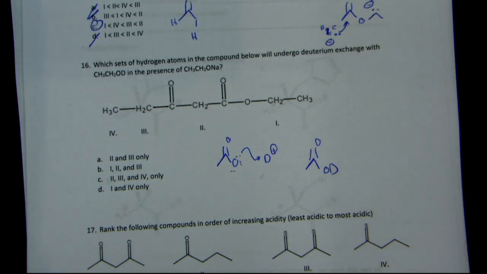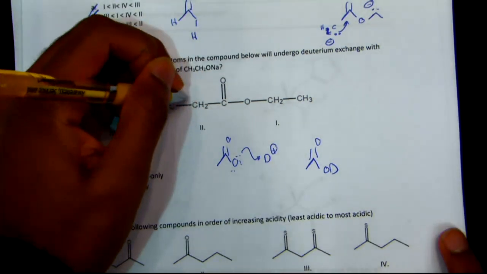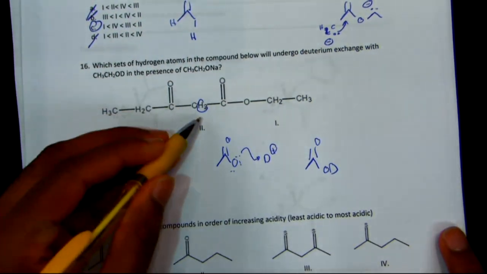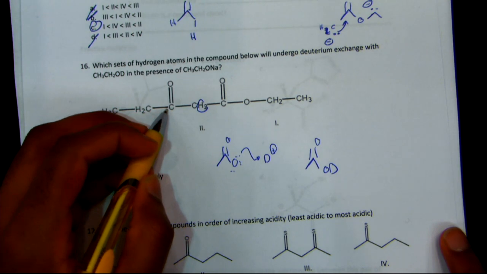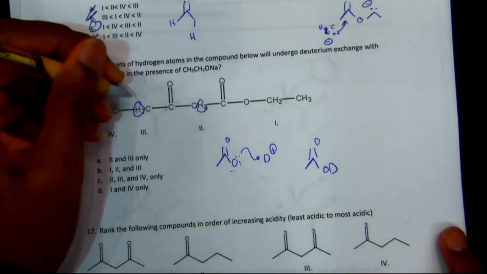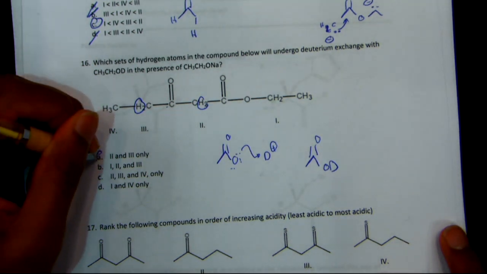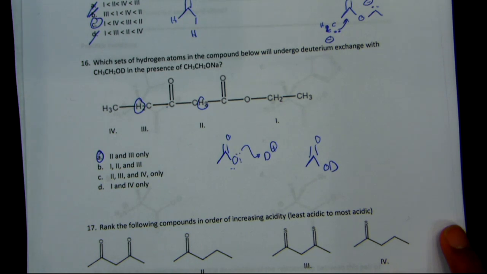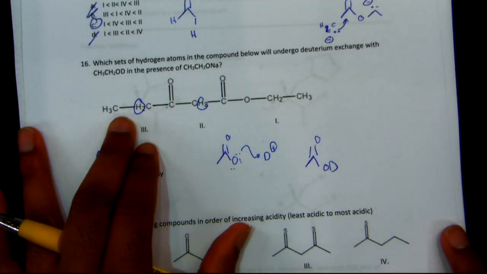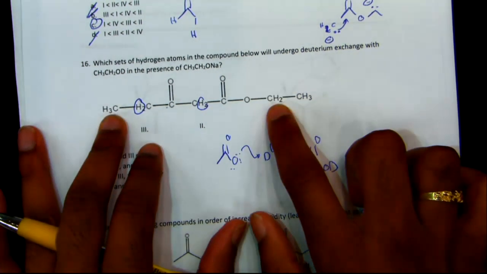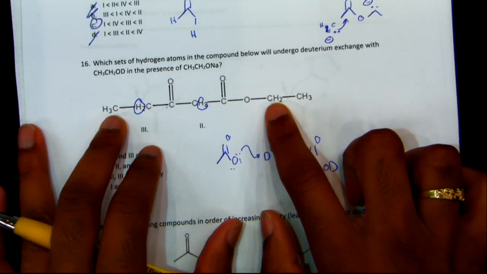Is that cool? Okay, so my most acidic protons are right here, because this can participate in resonance, and then also this one. So basically, where are my alpha protons? So 2 and 3 is not an answer choice. Oh, it is, thank goodness. Why wouldn't the ethyl on the end of the oxygen group, on the right, why wouldn't that whole section? Oh, we're just looking at the proton now?